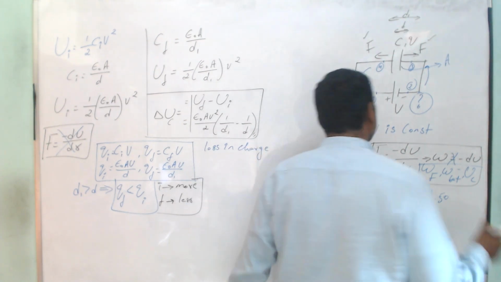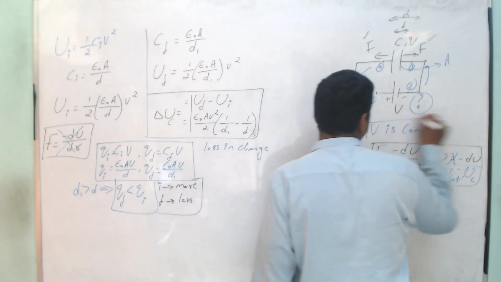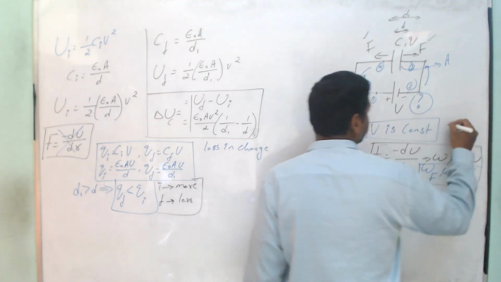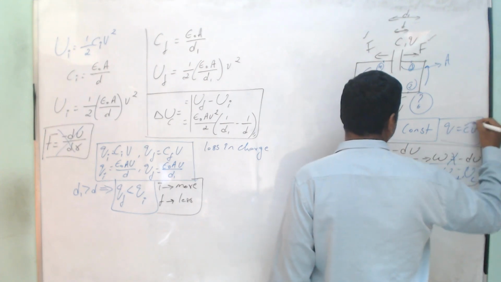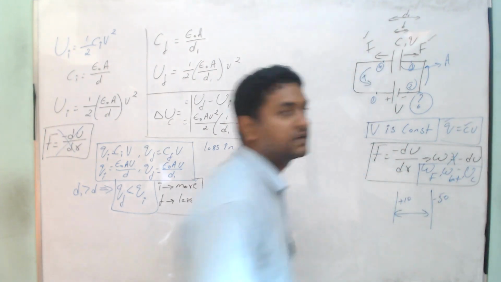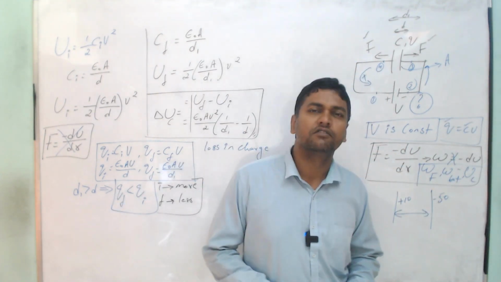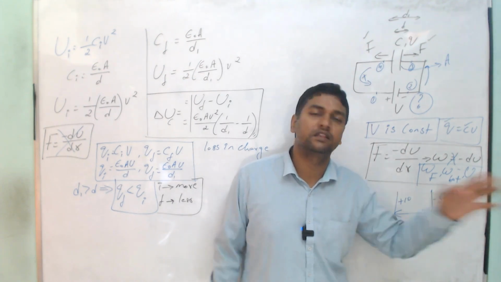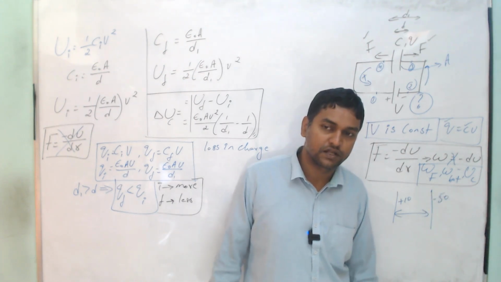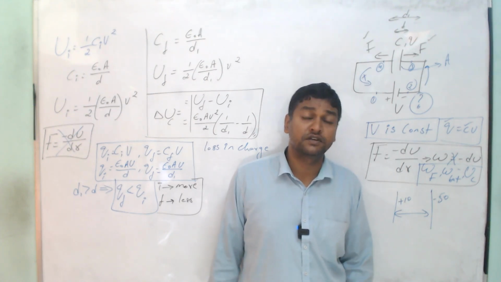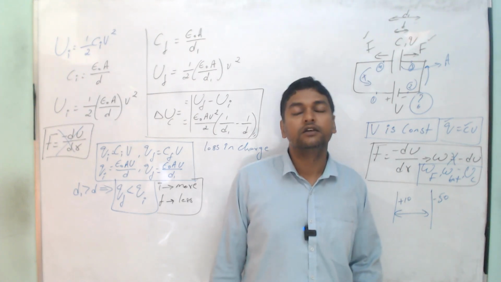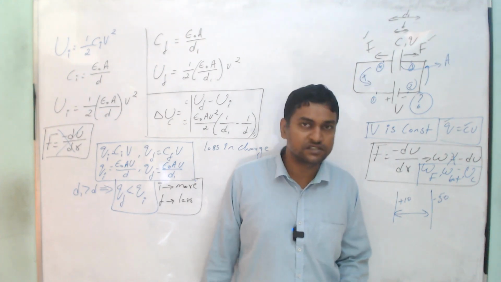My potential difference has to be constant because my battery is still attached, but Q is equal to CV. As I vary the capacitance, the charges on the plates vary. To maintain the potential difference constant according to the requirement, charge increase or charge decrease is going to happen.